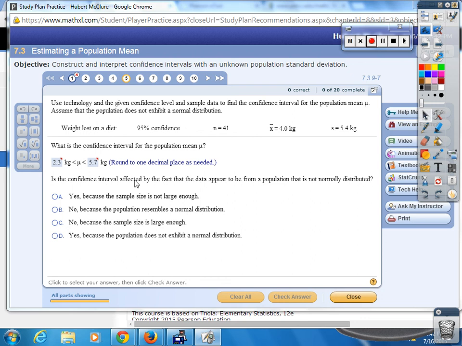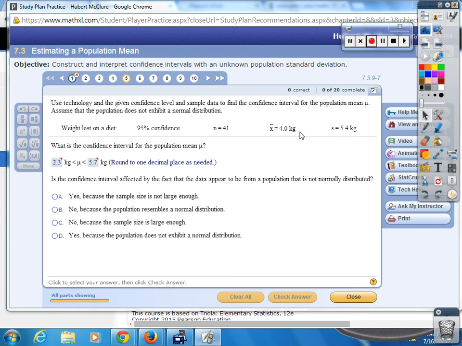Is the confidence interval affected by the fact that the data appear to be from a population that is normally distributed? Well, let's look. N is equal to 41 and X-bar is equal to 4.0 and S is 5.4. Does this look like a normal distribution?